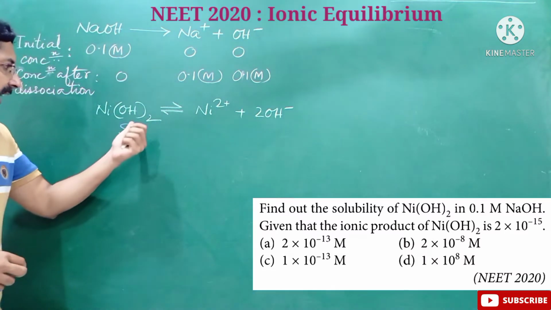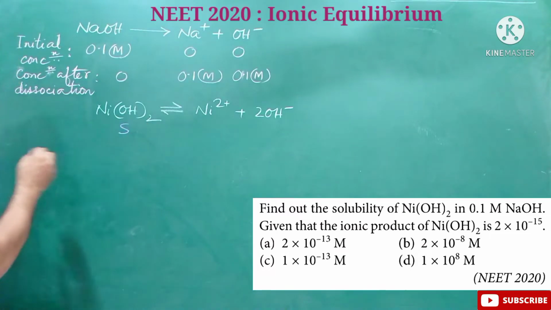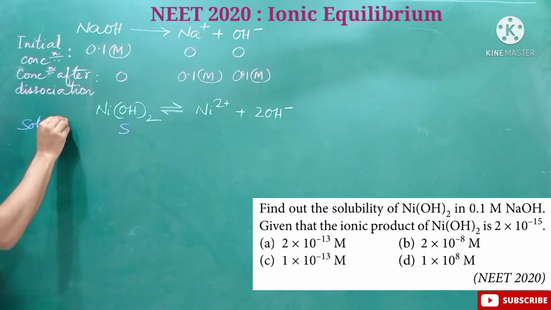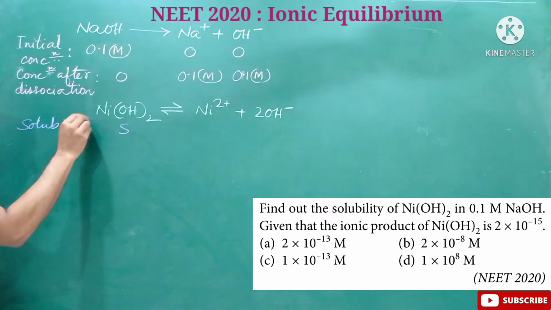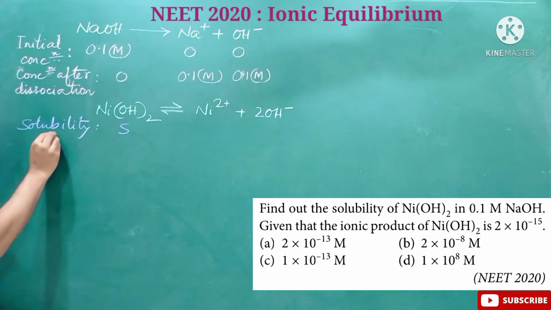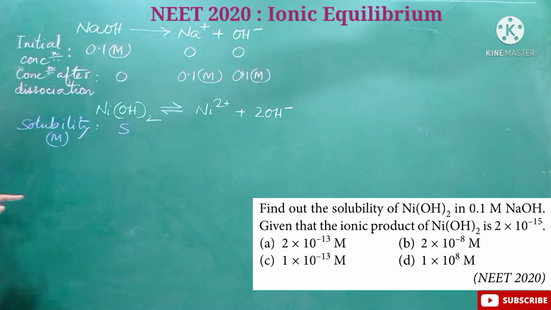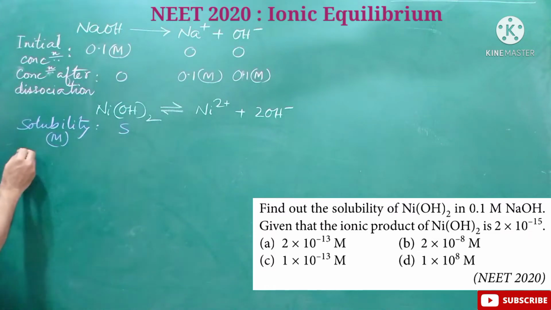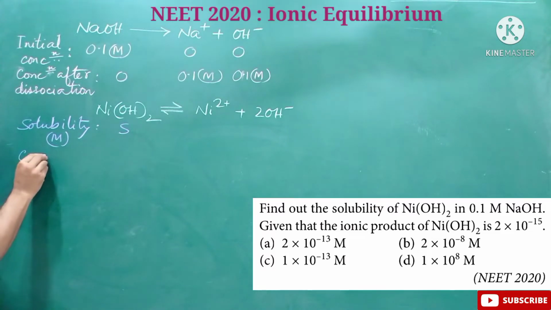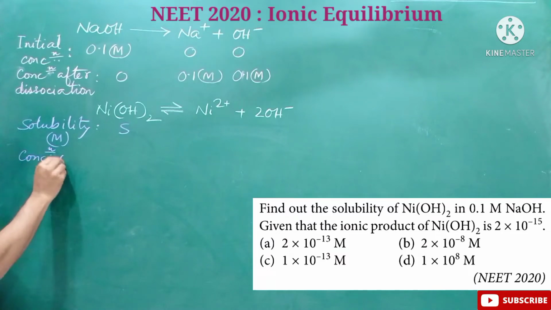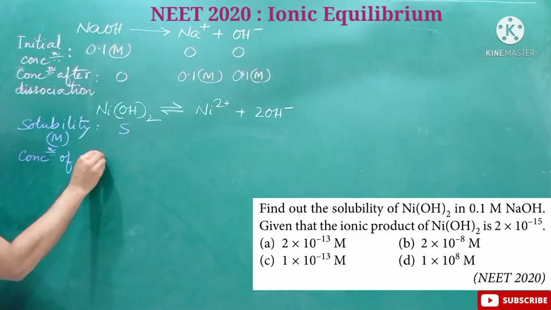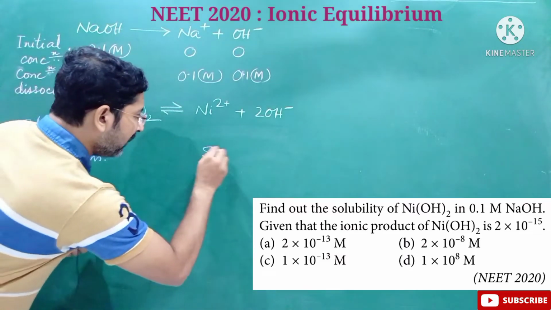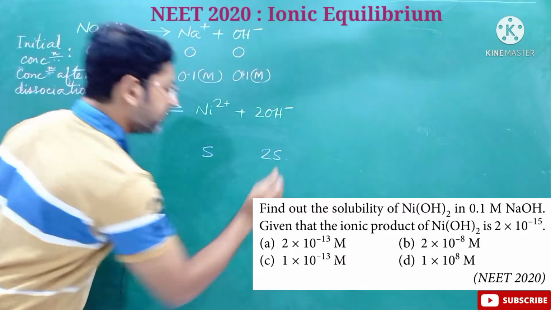Let the solubility of nickel hydroxide, in molarity, be capital S. If the solubility is S molar, the concentration of Ni2 plus will be S and of OH minus will be 2S.